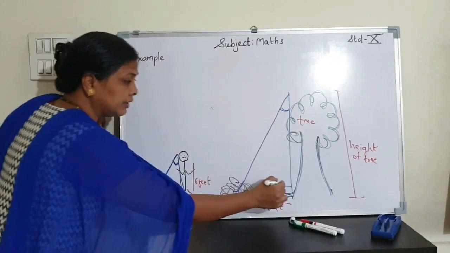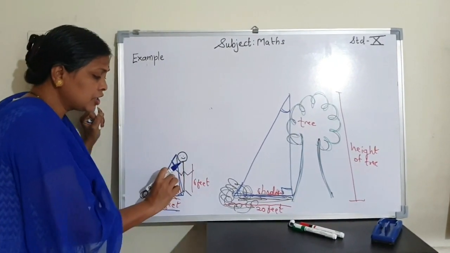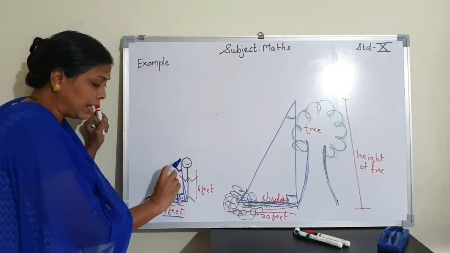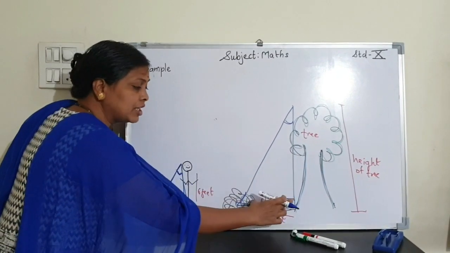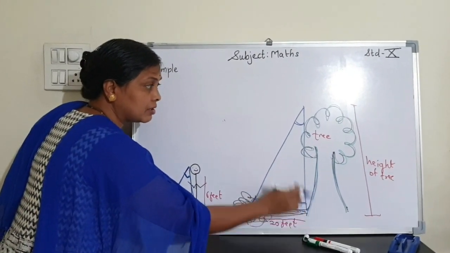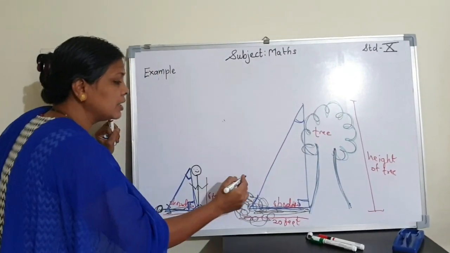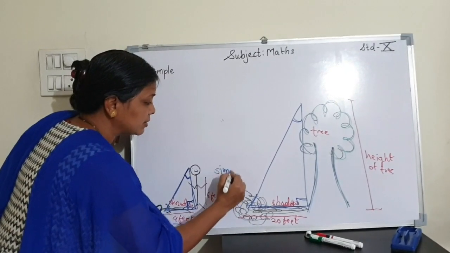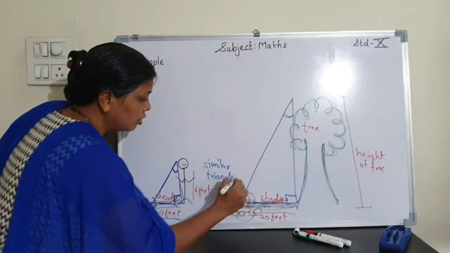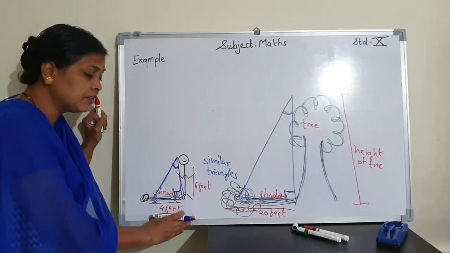This is 90 degrees, this is 90 degrees. So from this, the triangles formed between shadow and man, and the triangle for shadow of tree and length of tree, these two triangles are similar triangles. Right? So with this similarity, how can we relate these values?